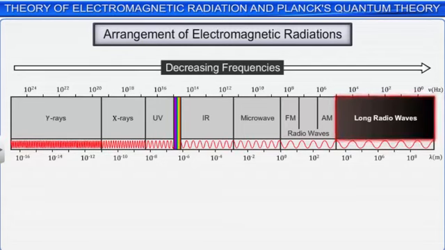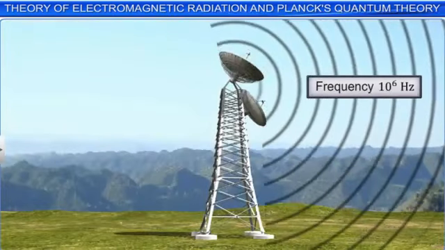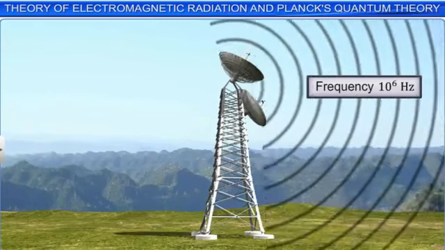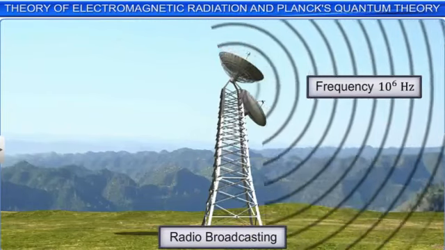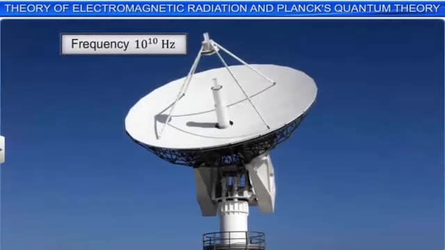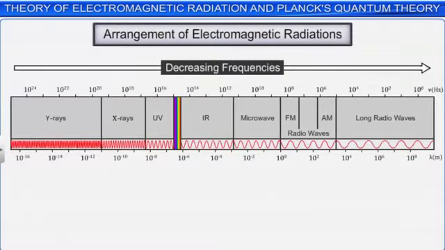The radio frequency region around 10 to the power 6 Hz is used for broadcasting. The microwave region around 10 to the power 10 is used for radar. Two other kinds of electromagnetic waves are X-rays and gamma rays.